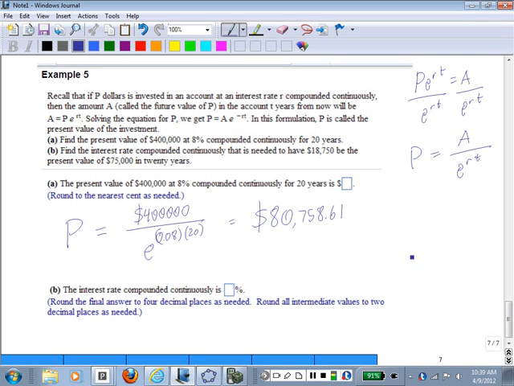So I'm just going to go with, we could use either form of the equation. What if we use A equals P e to the rt? That's usually the one we use. So we would have $75,000, that's the amount in the account 20 years from now, equals $18,750, that's the amount that we're going to deposit right now, times e to the r times 20.